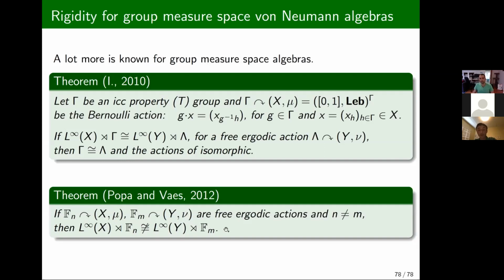So although it's still open whether L of Fn remembers the rank n, this is the case for the group measure space case. And I think I'll stop here. Thank you for listening.